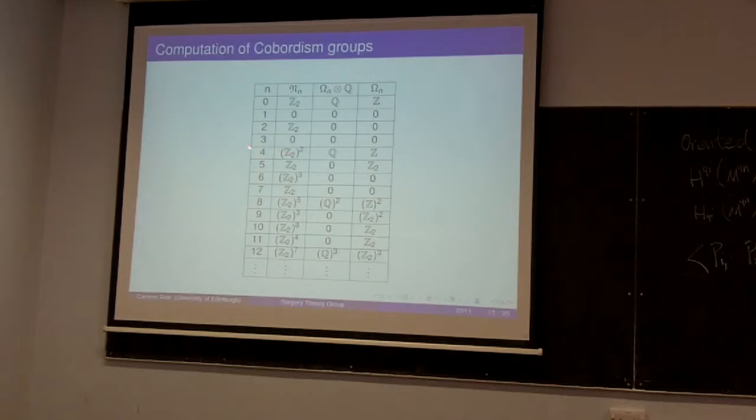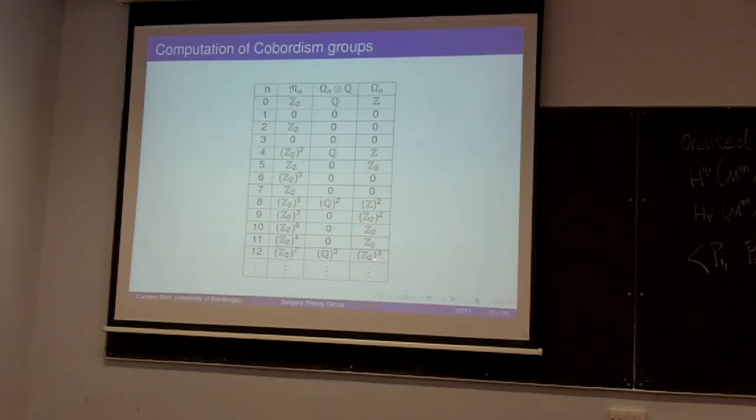For the manifolds that are multiples of 4 in dimension, like this one, we have that finitely generated infinite group, and if we go to 8, we also see that these are 2 copies of Z. If we go to 12, there is a mistake here, this 2 is missing.